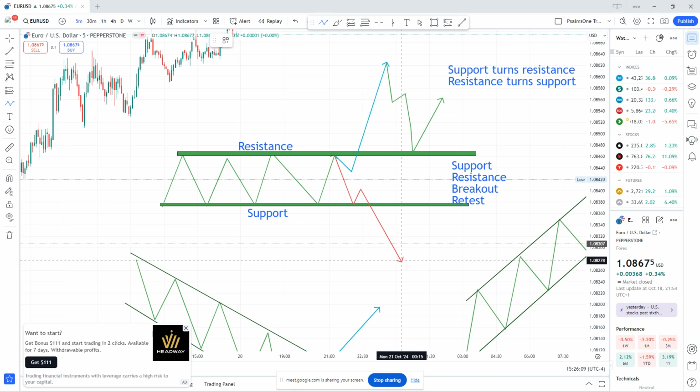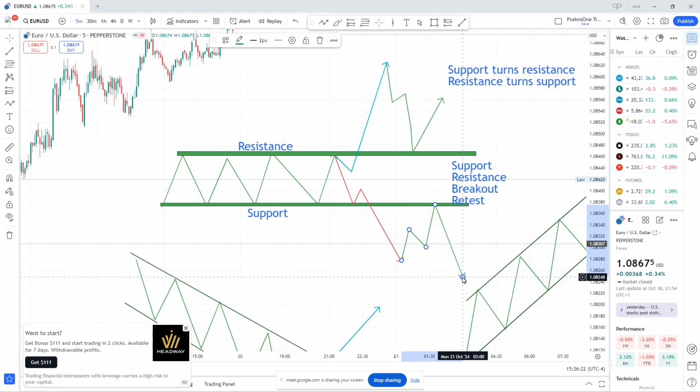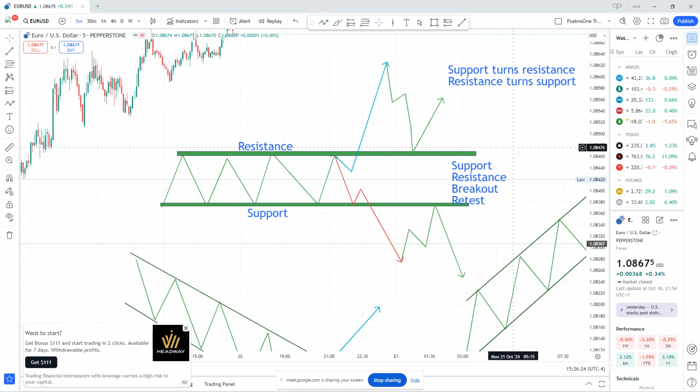All right. So for support also, the retest means that price can go back like this. Whenever it gets to it, why? Because before, nobody wanted to sell from the level where people buy.